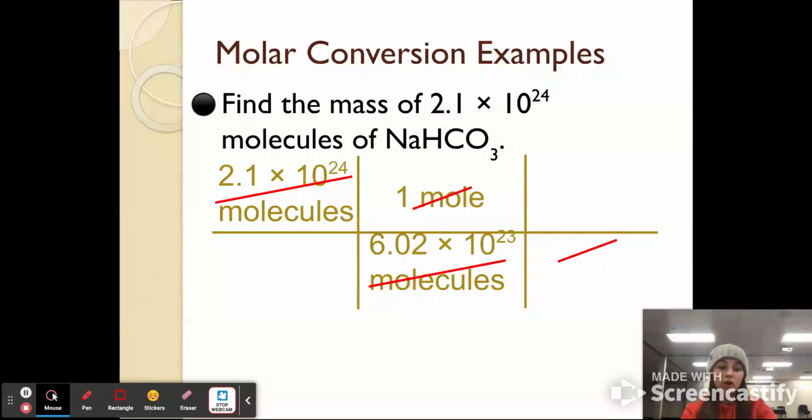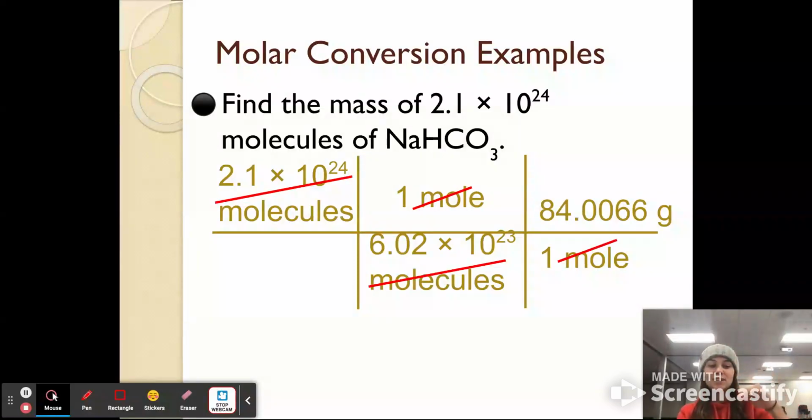So if that is wrong, please check your periodic tables and correct me. But it looks like I got about 84 grams. So go do the math yourself. Make sure this is correct. It is always a smart thing to do because you guys are all very intelligent and I have been corrected before by you guys, which honestly just makes me so proud.